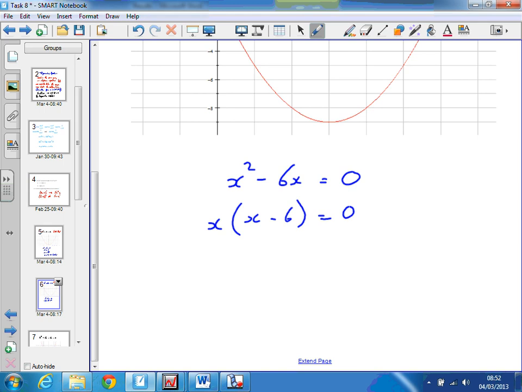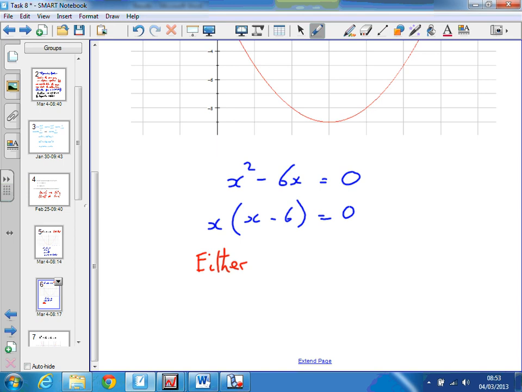And that means, and this next step only works if the right-hand side is 0, so you remember how important the right-hand side being 0 is in these things. Because the right-hand side is 0, we can now say either, I've got to make the left-hand side 0, remember, so it balances the right-hand side.